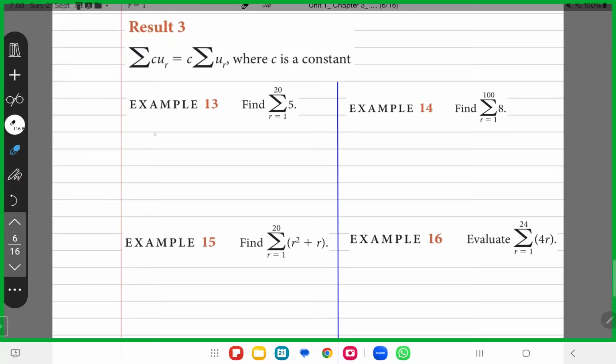Well, from the summation result that says the sum from R equals 1 to N of C, C being a constant, just a number, is equal to N times C. So the summation from R equals 1 to 20 of 5 is the same as saying 20 multiplied by 5, which is 100.